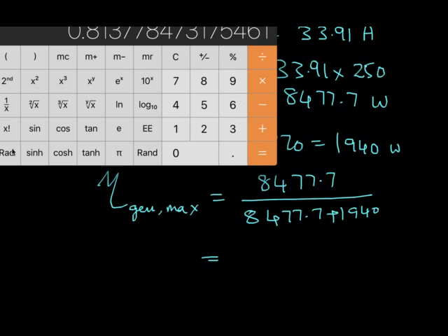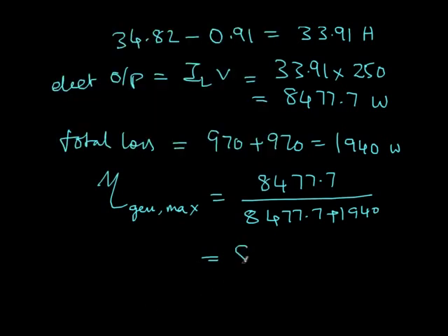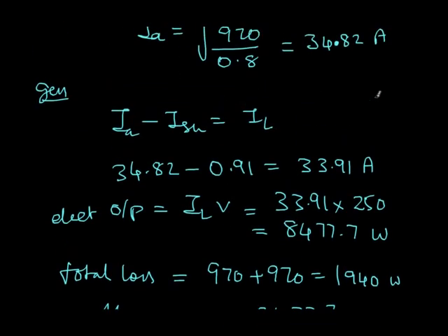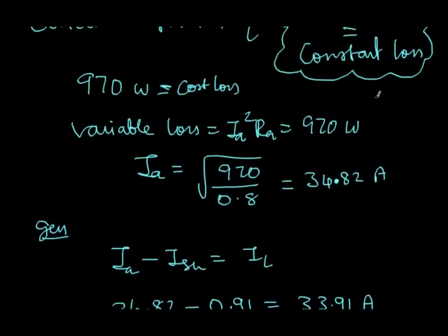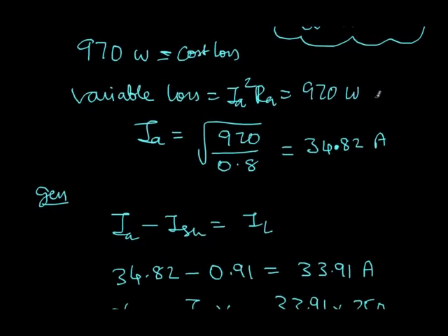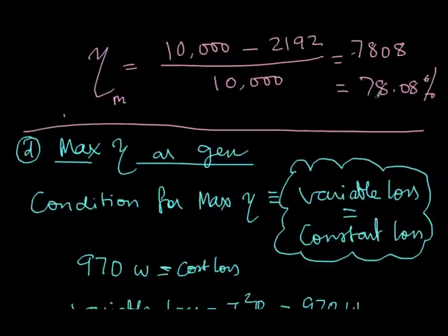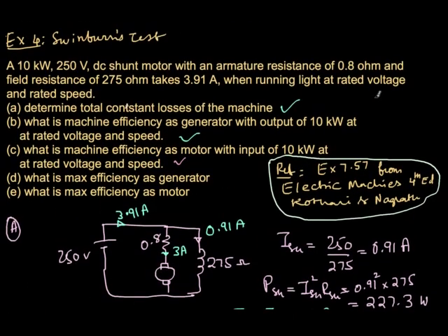That gives 81.37 or 81.38%. This is the maximum possible efficiency that can be achieved with this particular machine when working as a generator. Now again you can consider it as working as a motor and try to solve it. In fact, that is the next part of the question.